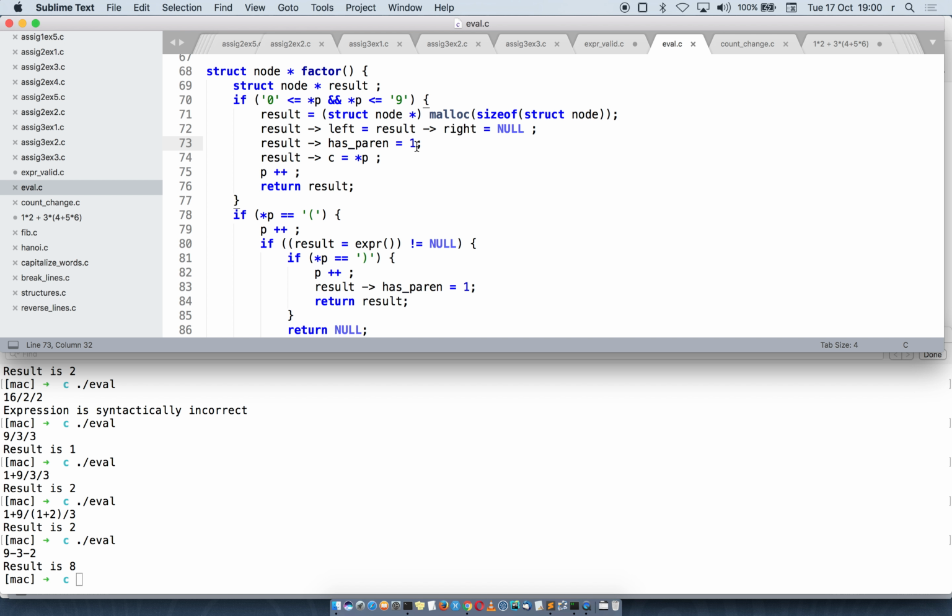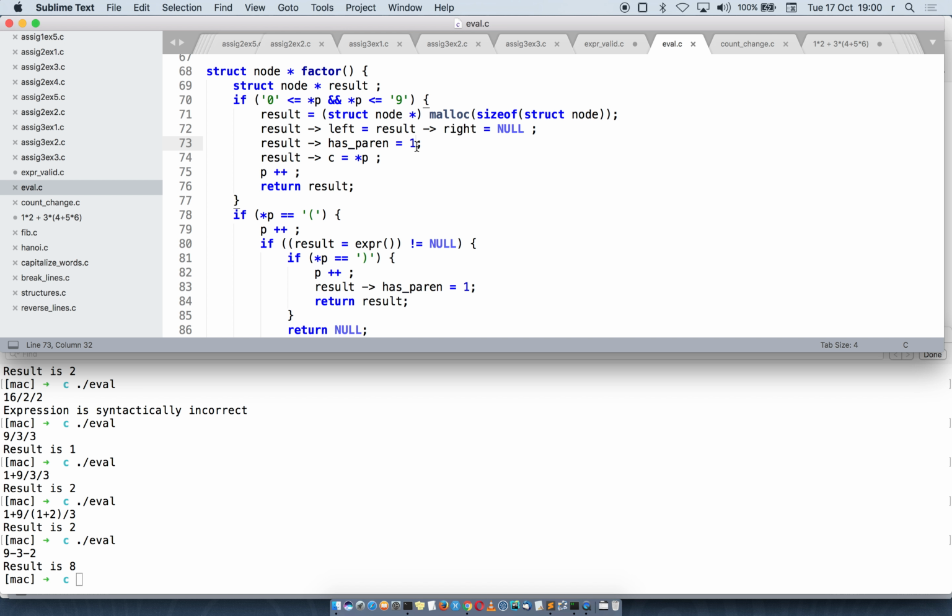But whenever we have a tree containing another subtree, which on the right side has another subtree, and if both of them are minuses, it doesn't matter whether they're minuses or pluses, they have to be left associative. Then they need rotation, right? We need to do the rotation. So has parentheses tells us that there's no rotation needed, essentially.